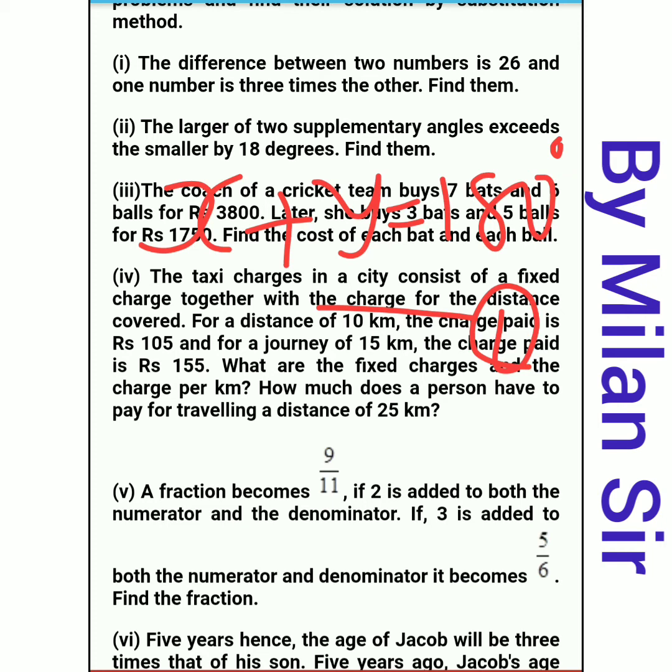Now for the second equation: the larger of two supplementary angles exceeds the smaller by 18 degrees. Exceed means more than, right? So the larger angle, that means x, is equal to the smaller angle plus 18 degrees. Exceed by 18 means plus 18.